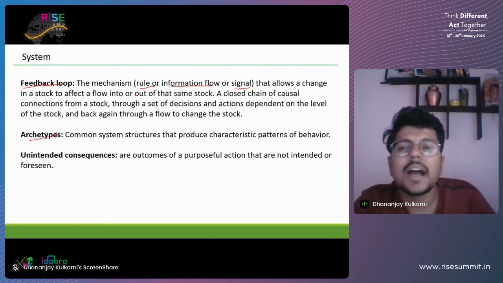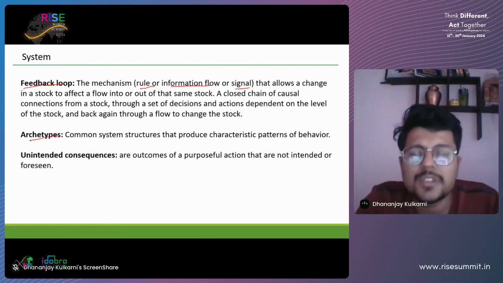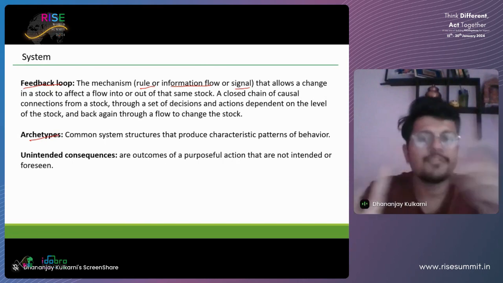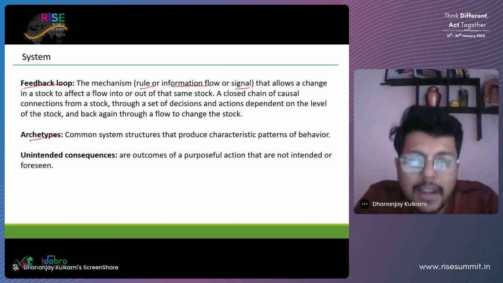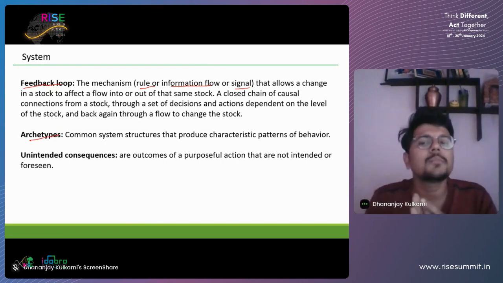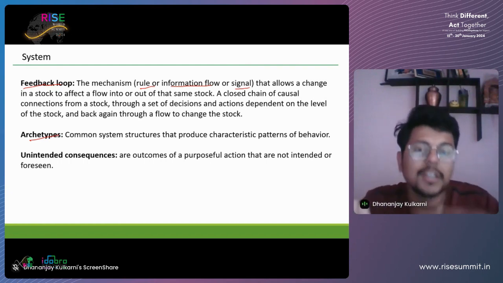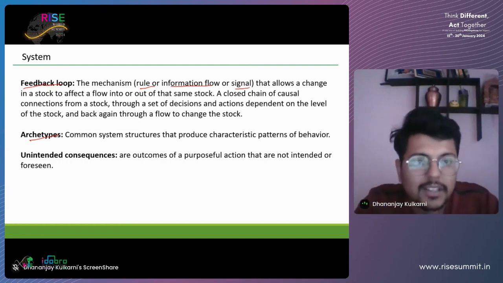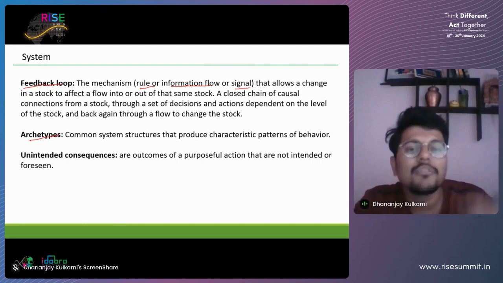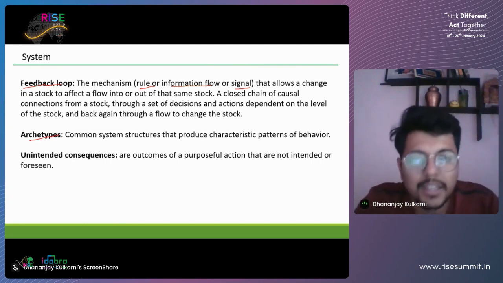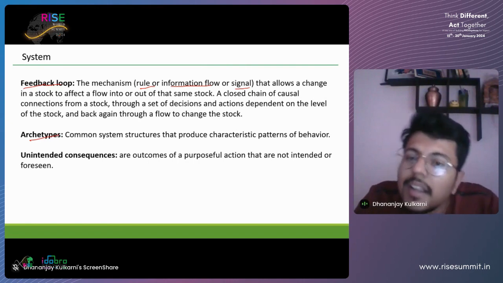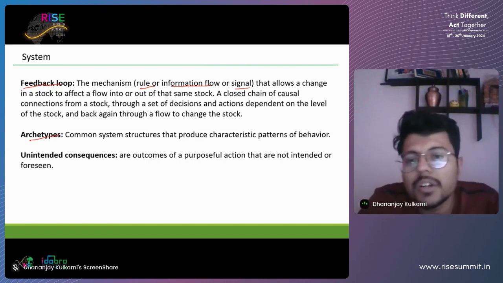Second is the archetype. These are common system structures, and when we see this kind of feedback loop, we can identify that there are some common types of structures appearing again and again. The same kind of behavior is happening again and again. So that is an archetype. And the last important one is unintended consequences.